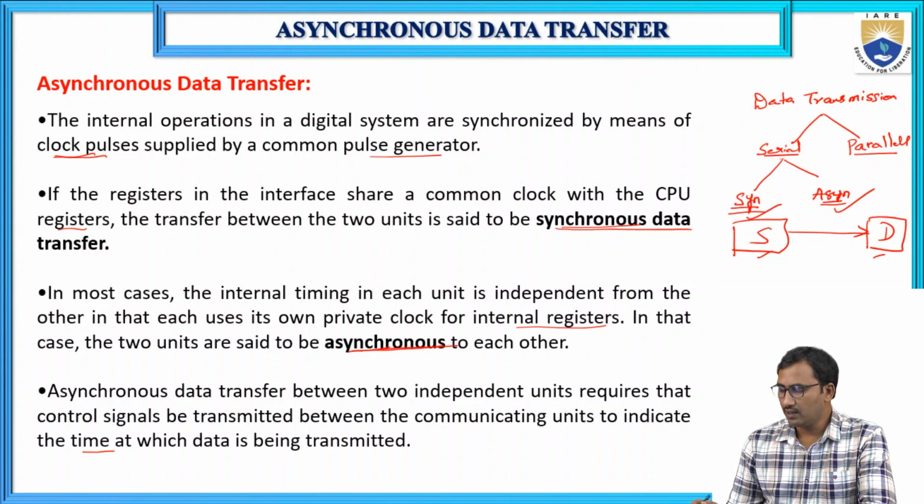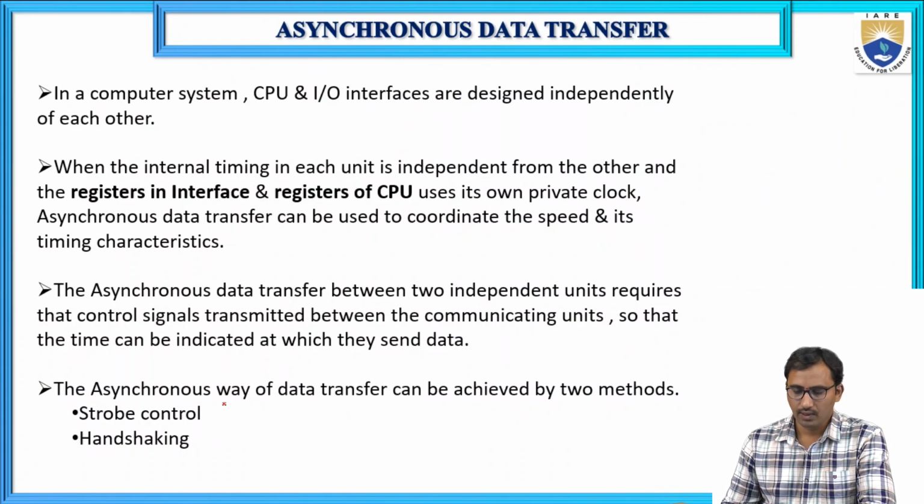The destination unit doesn't know when the source unit transfers the data. So, in order to facilitate the communication between the source unit and the destination unit, we provide some control signals in asynchronous data transfer.